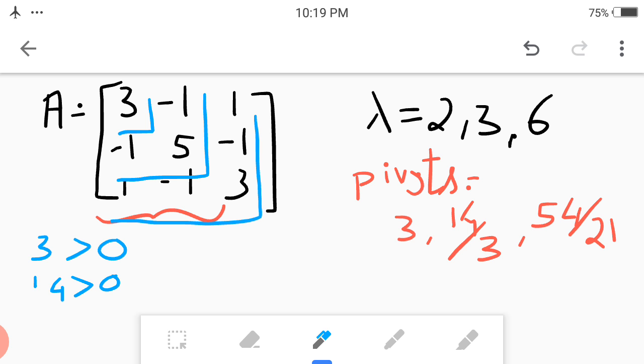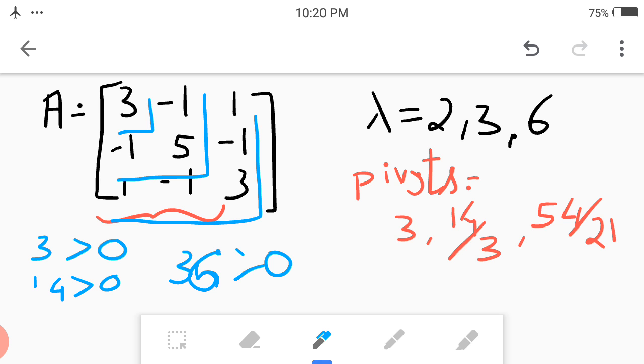Find out. You will get 36, which is again greater than 0. I will rewrite that part. Okay, so that's 36.